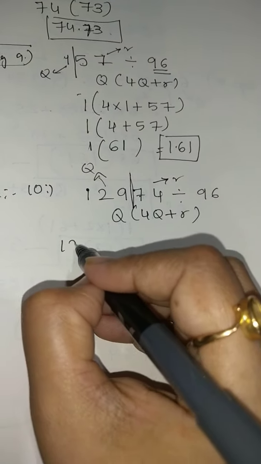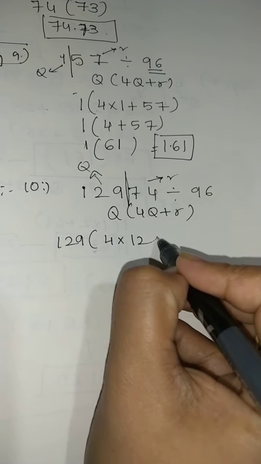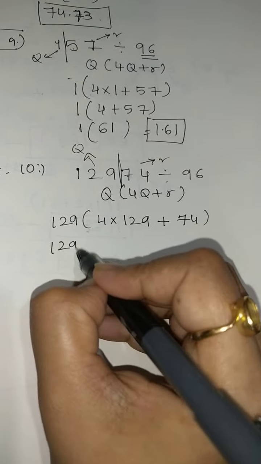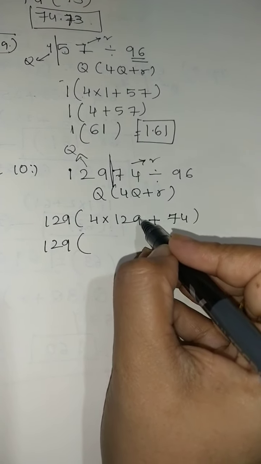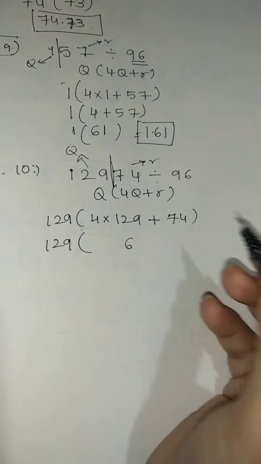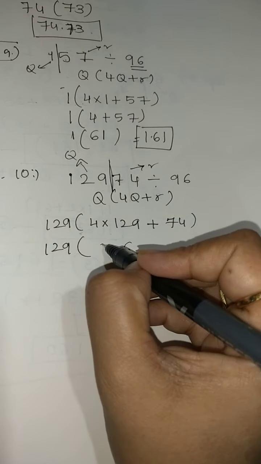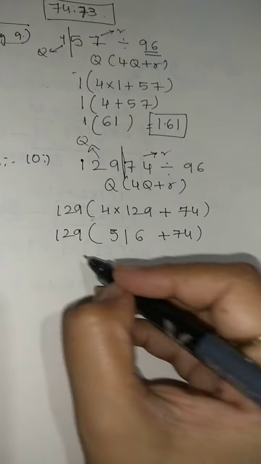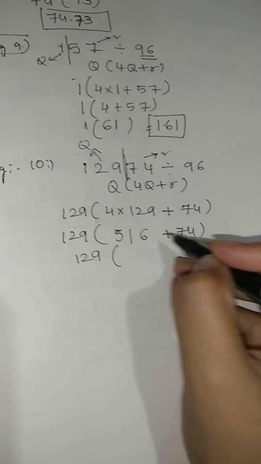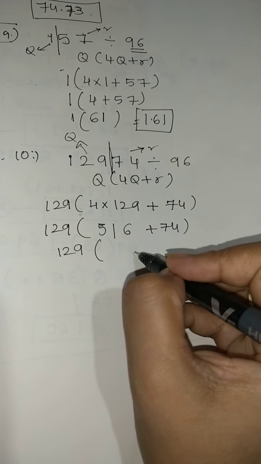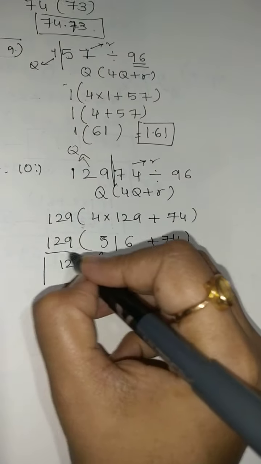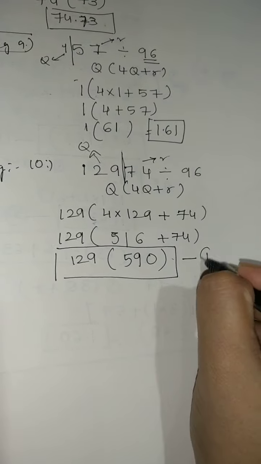So let's substitute 129, 4 into 129 plus 74. 516 plus 74, 590. So this becomes your answer number 1.